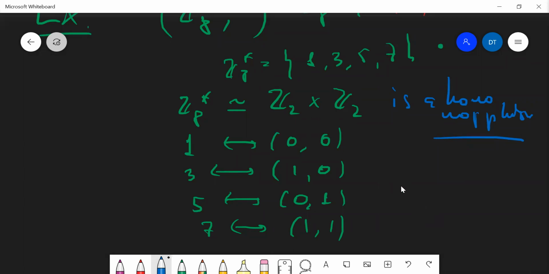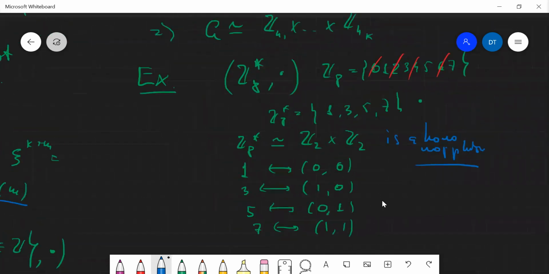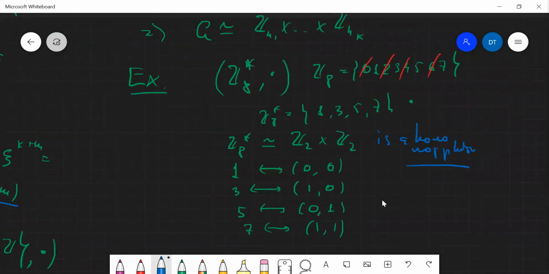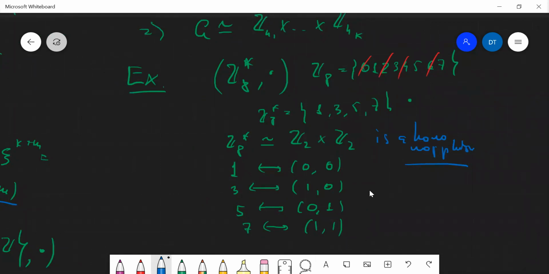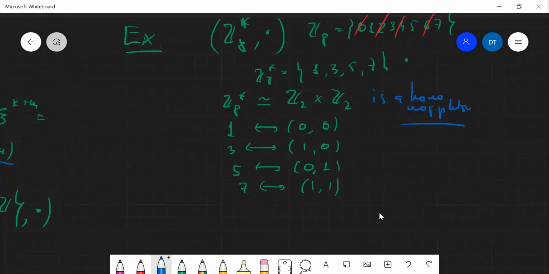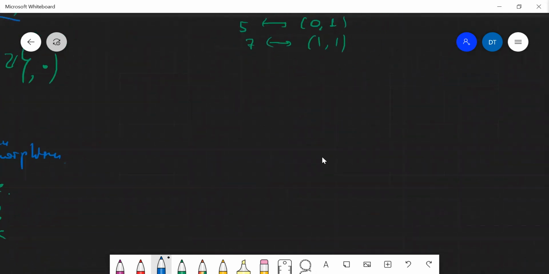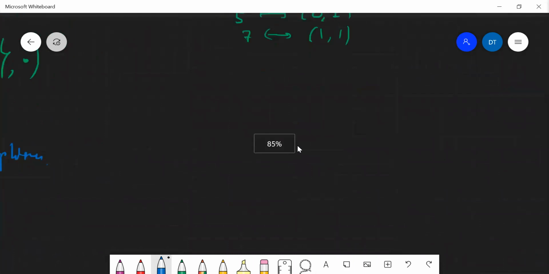Okay, now, I believe we will check this property during the seminar session, but now I want to switch to a different claim, which is the Chinese remainder theorem. The Chinese remainder theorem explains how to transform one finite abelian group to another finite abelian group.